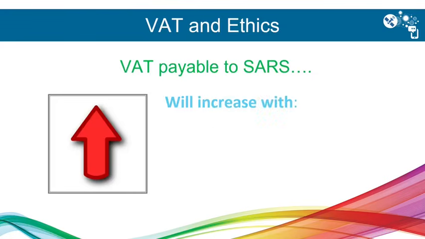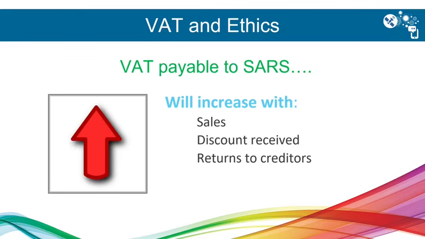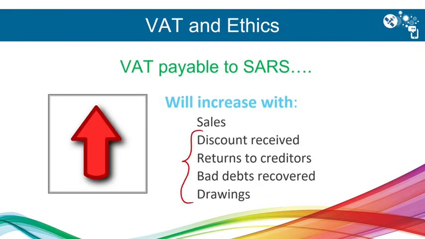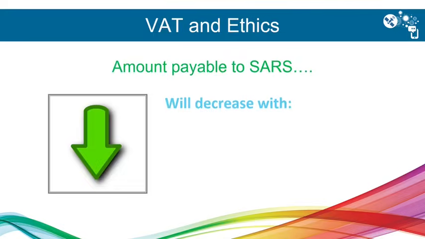VAT payable to SARS will increase with sales, discount that we receive from our creditors, returns to creditors, bad debts recovered, and drawings. Now, this we will have a closer look at in grade 11 and 12. Important now is that when I have sales, we charge output VAT, and output VAT is payable to SARS. So that will increase the amount payable to SARS.